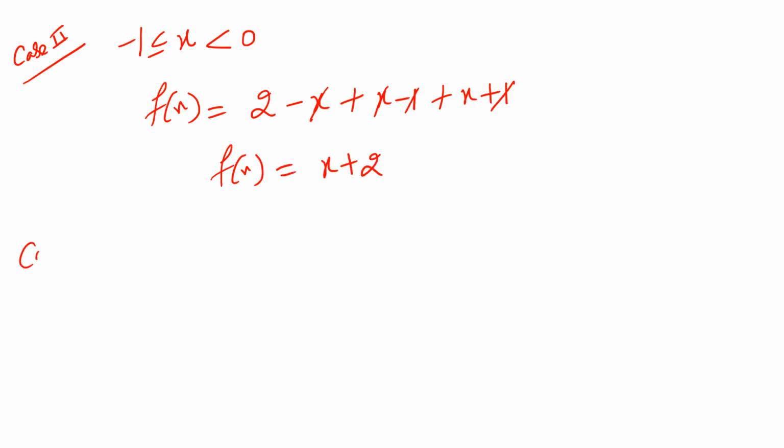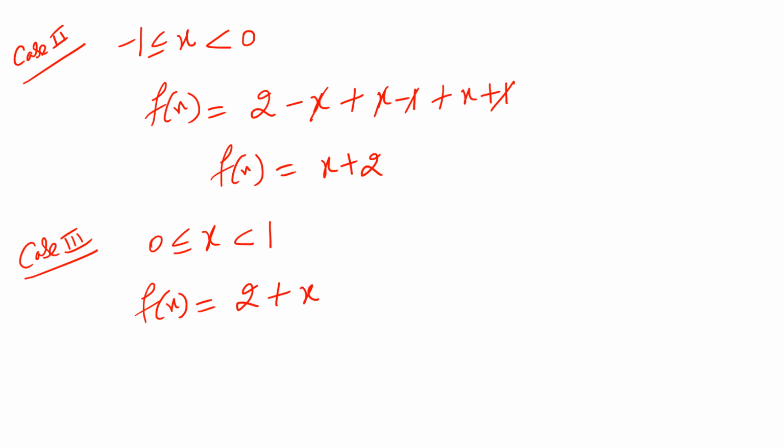Now we move to the third case. In the third case, x is greater than or equal to 0 but less than 1. Now the value of f of x becomes equal to, this time x is greater than or equal to 0, so mod of x becomes x.